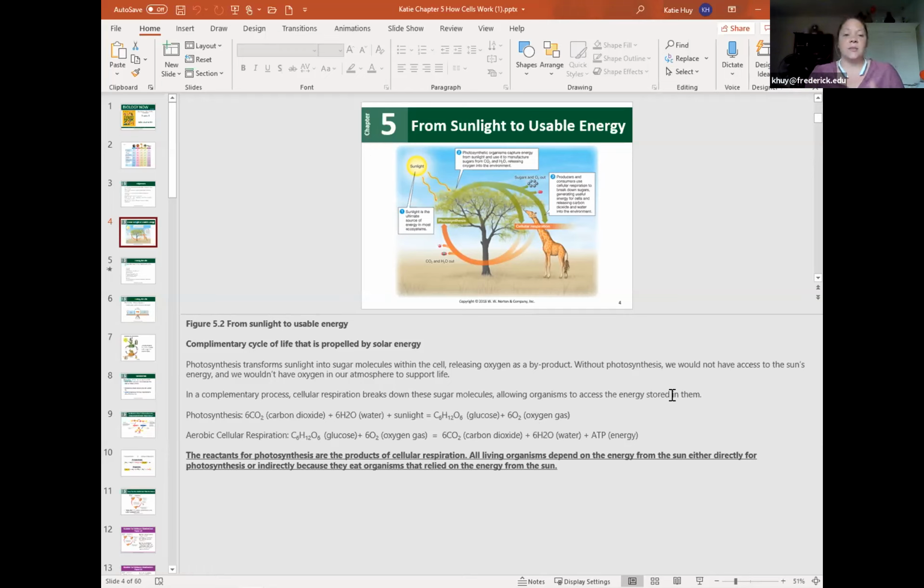And that energy is being created in the mitochondria of the cell, if you remember the mitochondria from our organelles last week. Okay, so I just want to make sure that you understand how those cycles are really feeding one another. Does anybody have any questions on that one?